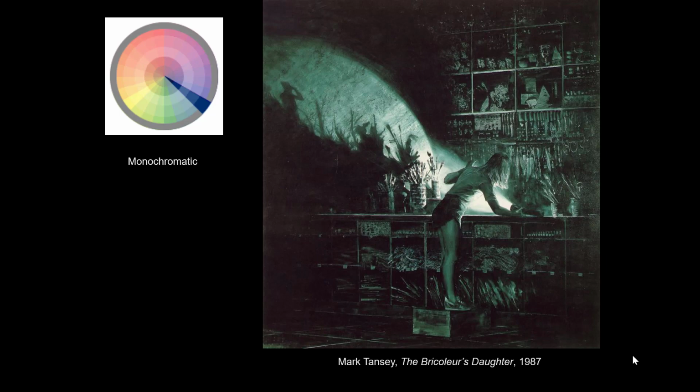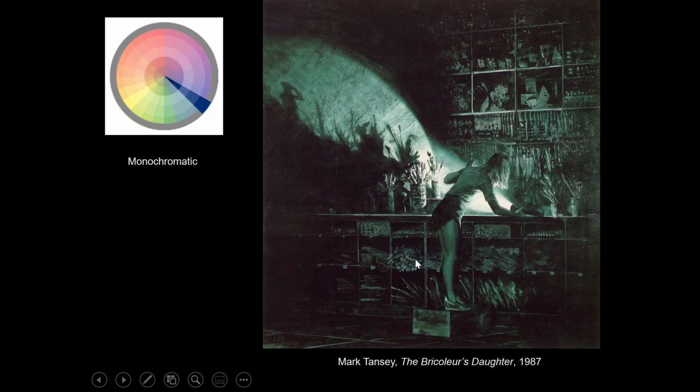So when we're looking at this Mark Tansey painting, which is a blue-green hue category, a monochromatic image, we can see the obvious variations in value. We've got lights, we've got really darks. Harder to pick up on, perhaps, are the variations on temperature. But if we look at her leg, see how it's just barely a little bit more yellow than, say, the blue-green behind her.